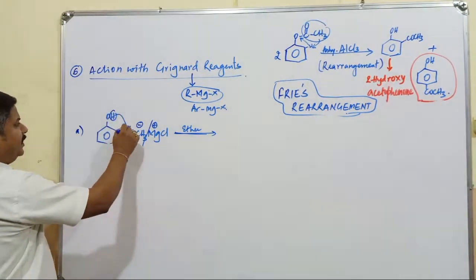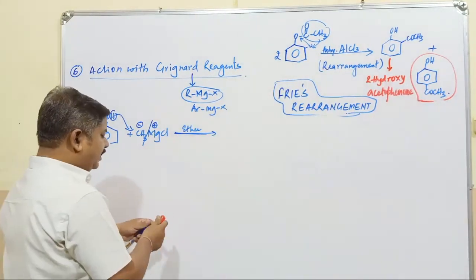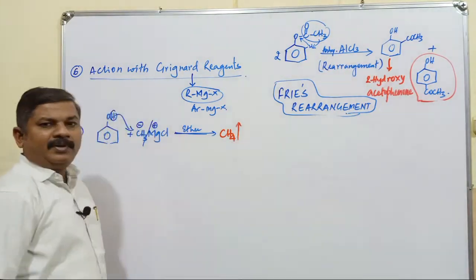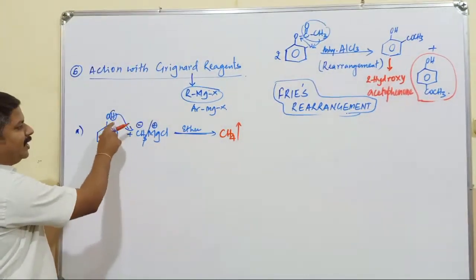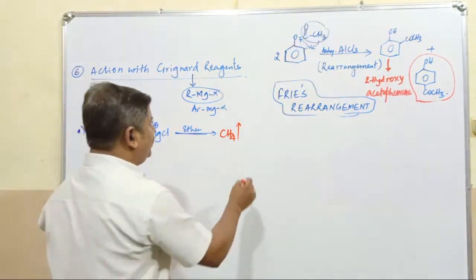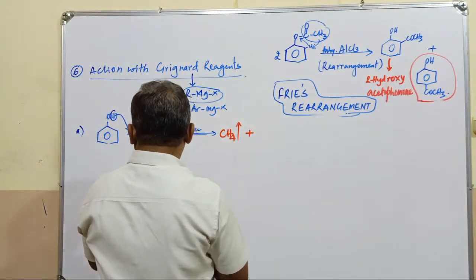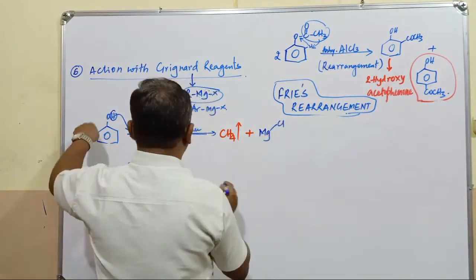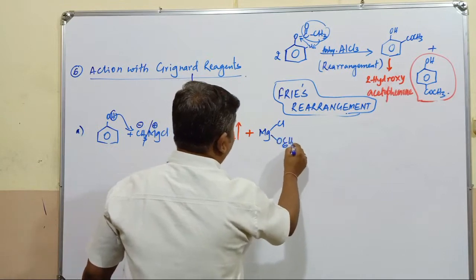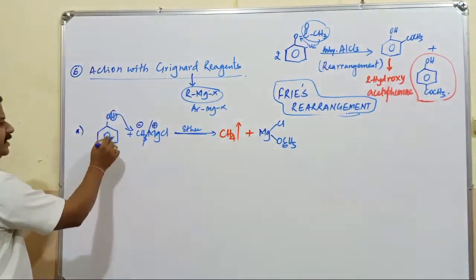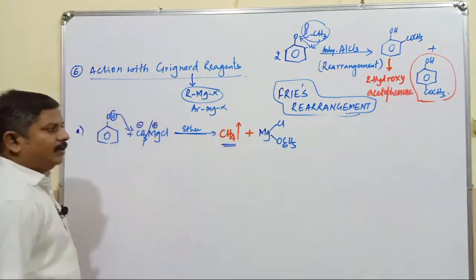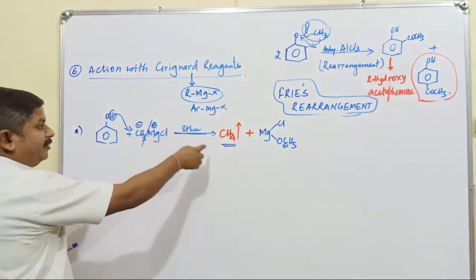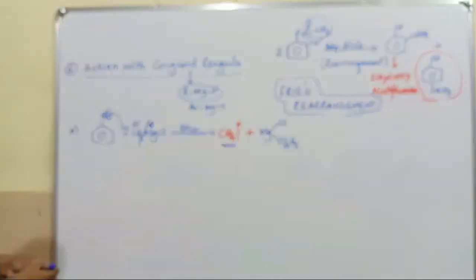When proton is added to this methyl carbanion, the main compound produced here is CH4. What is CH4? Methane. H plus is added to CH3 minus, CH4 is obtained, plus what is the one more product here? One more product is Mg, it is Cl, the whole group I will write as OC6H5. This complete group OC6H5 is there. So the main product produced is methane. Just observe this reaction, methane formation takes place. To remember that, I am writing with red ink.